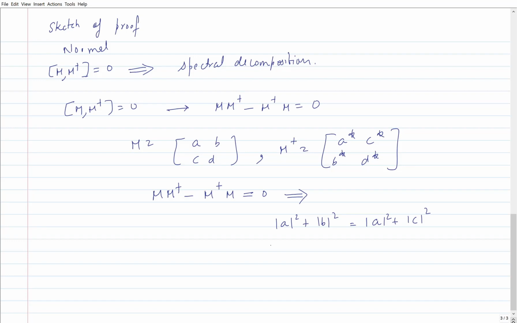Please verify these calculations. And mind you, these are all complex numbers, complex entries. So essentially it implies these two relations over here.